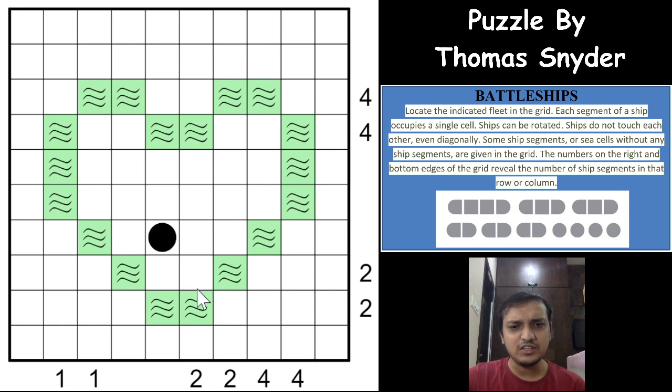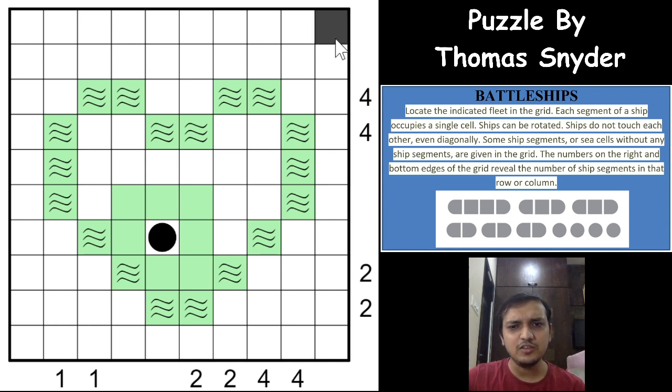So a circle indicates a single cell ship, and as we know that no different ships can touch each other diagonally, we can just mark with the green color indicating that they are unshaded cells. And if you see the 4 and 4, this will help you to start the puzzle, I would say.